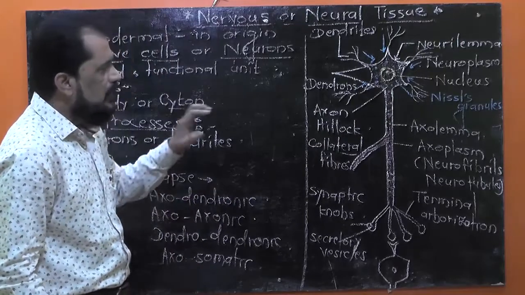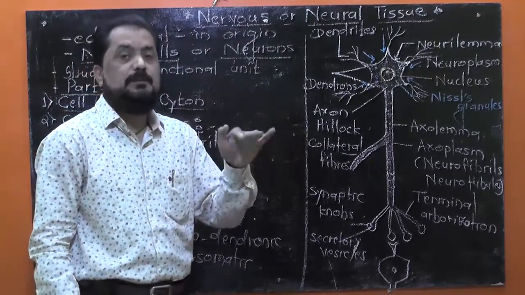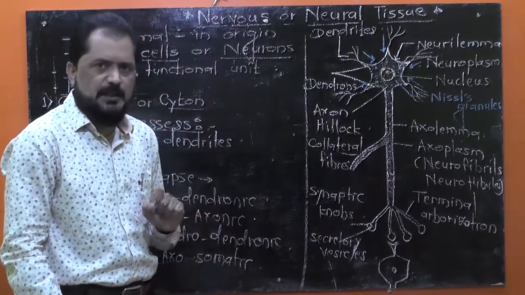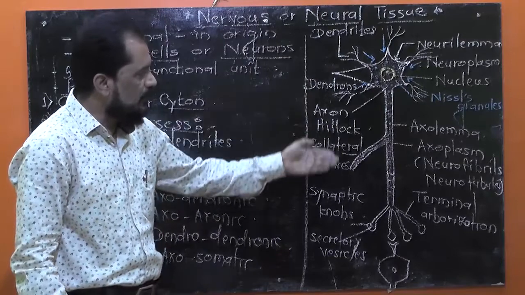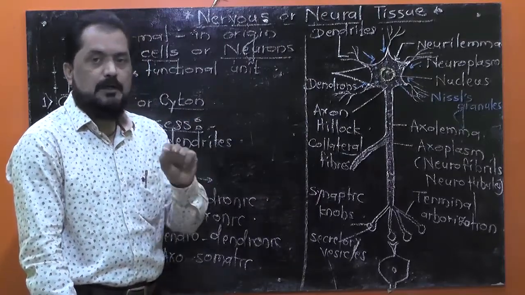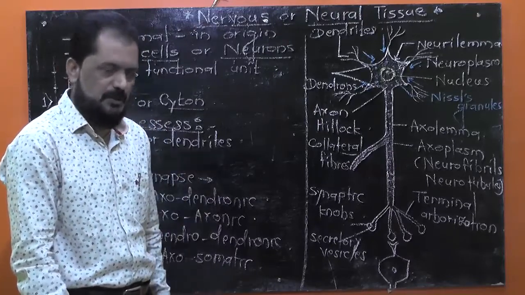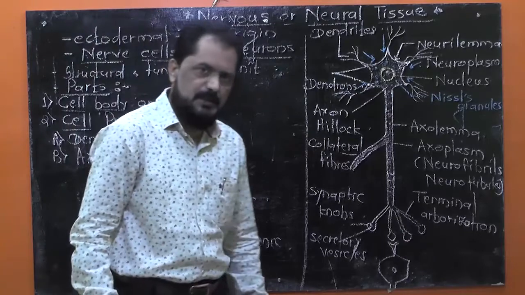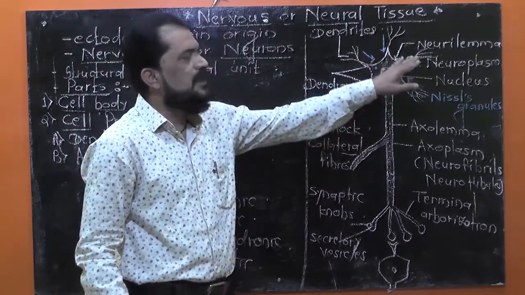Now here we have discussed simply the structure of a typical neuron. Basically you might have studied this in 11th. Whatever diagram of neuron I have drawn here, it is a multipolar neuron. या ठिकाणी मी multipolar neuron ची डायग्राम काढून तुम्हाला शिकवलेलं आहे. Multipolar याचा अर्थ काय? The neuron in which the cyton shows many processes.